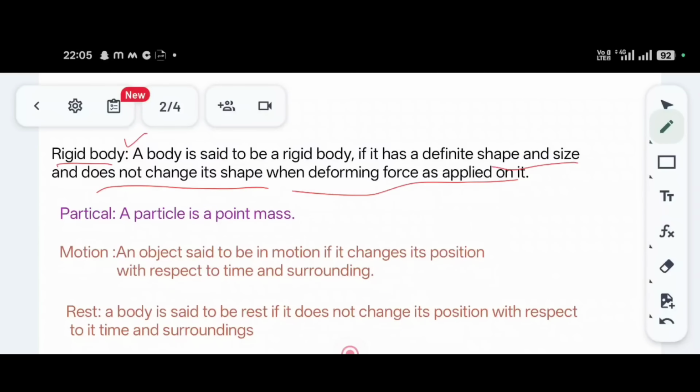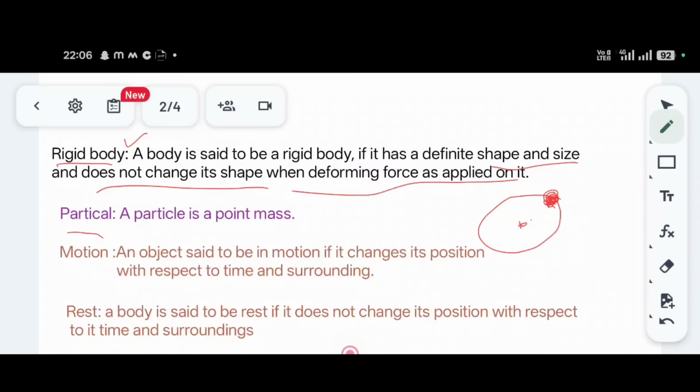Okay. Then what is a particle? In physics, if there is a star or a planet and the planet revolves around the sun, the distance covered by the planet is greater than the dimension of the planet itself, or the diameter of the planet itself.